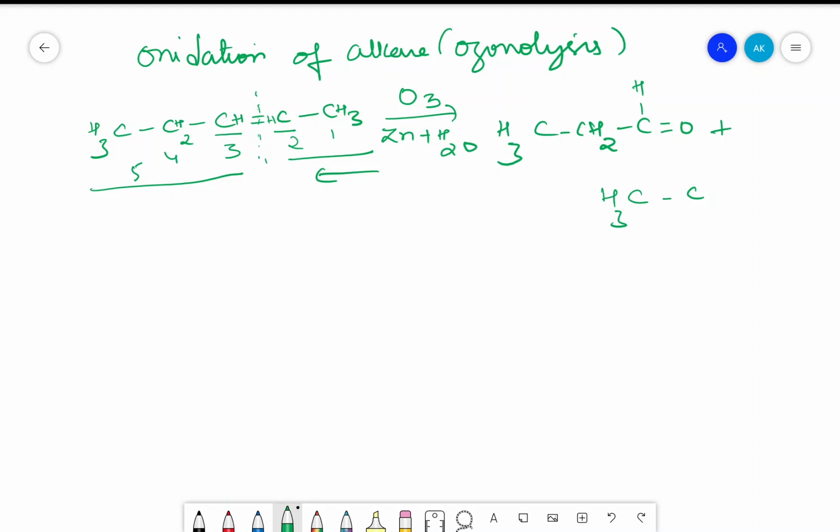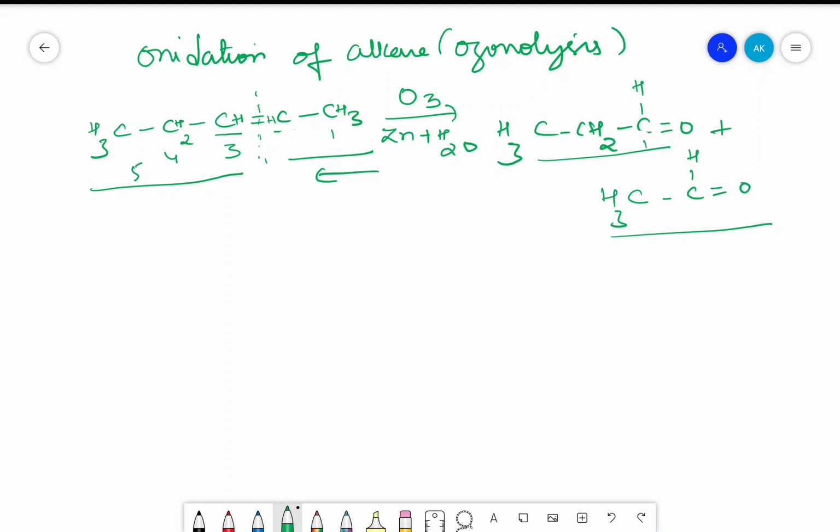Sorry, it's not CH2. This is the second position, CH3, CH double bond O. So we are going to get, numbering 1, 2, 3, propanal or propionaldehyde, and this is acetaldehyde.